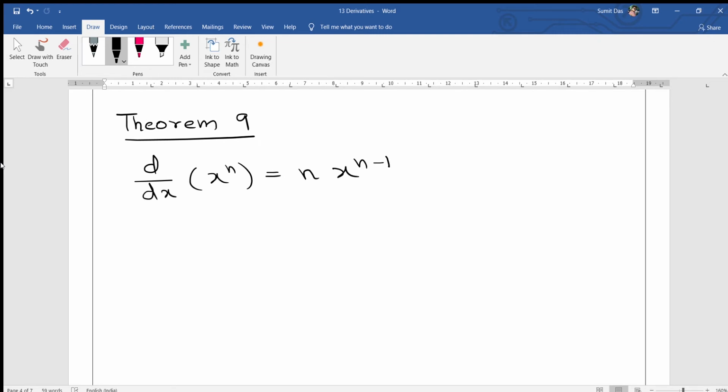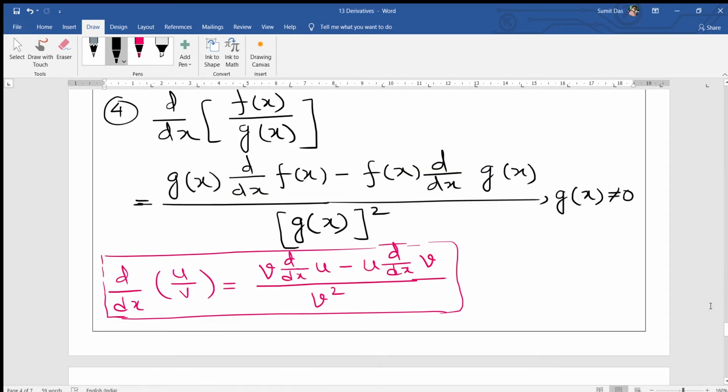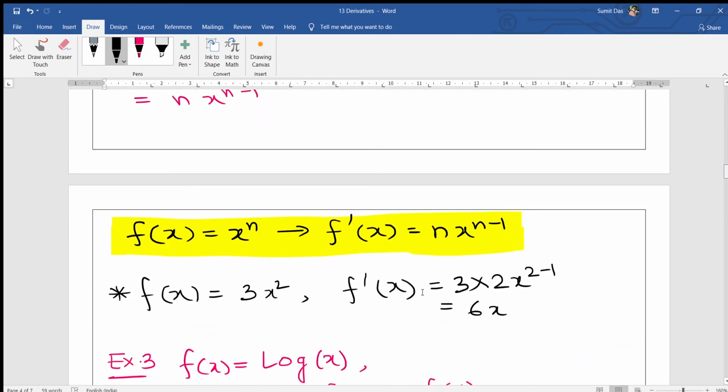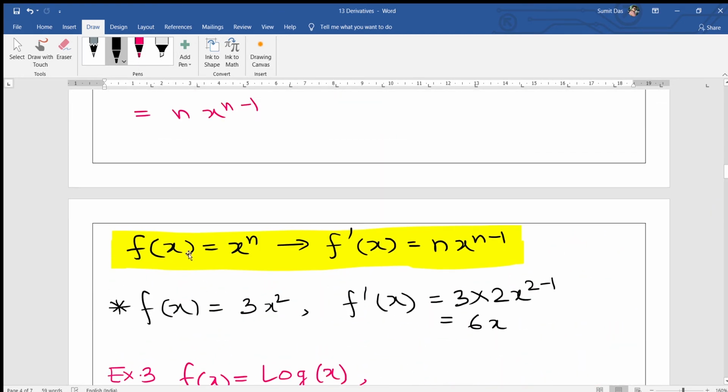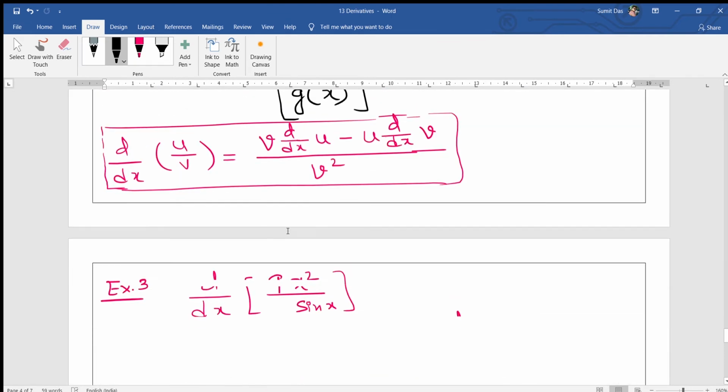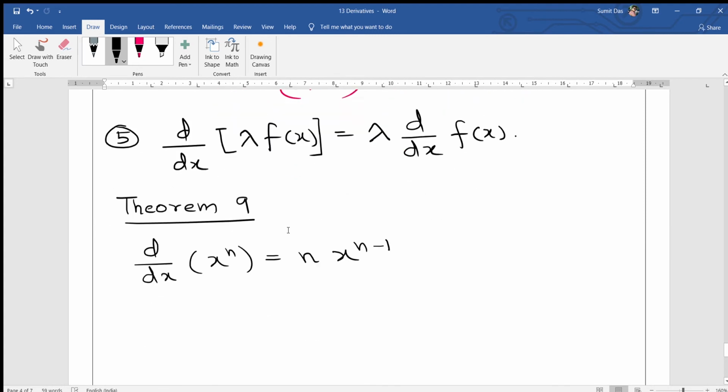We already did the proof last day, where f(x) is equal to x to the power n, f dash x will be n x to the power n minus 1. So this is theorem 9.